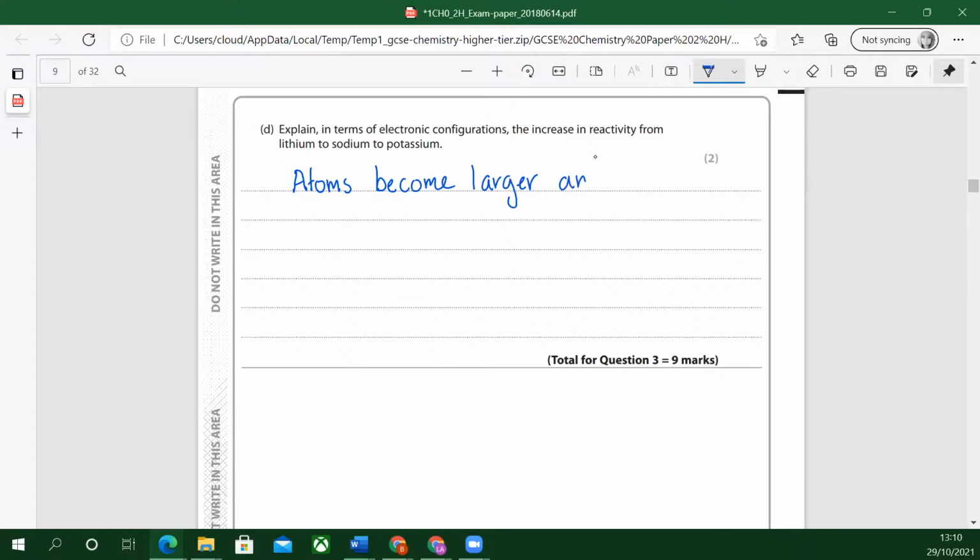And the outer electrons become further away from their nuclei.